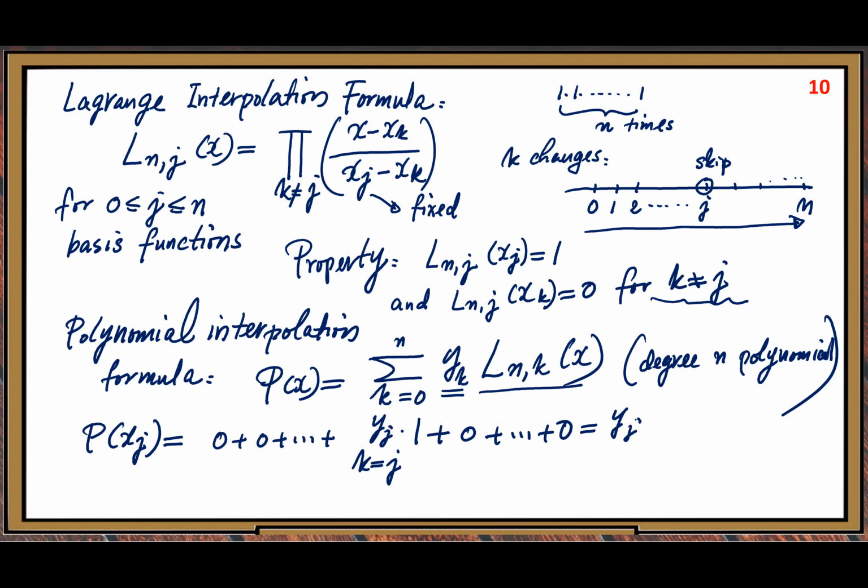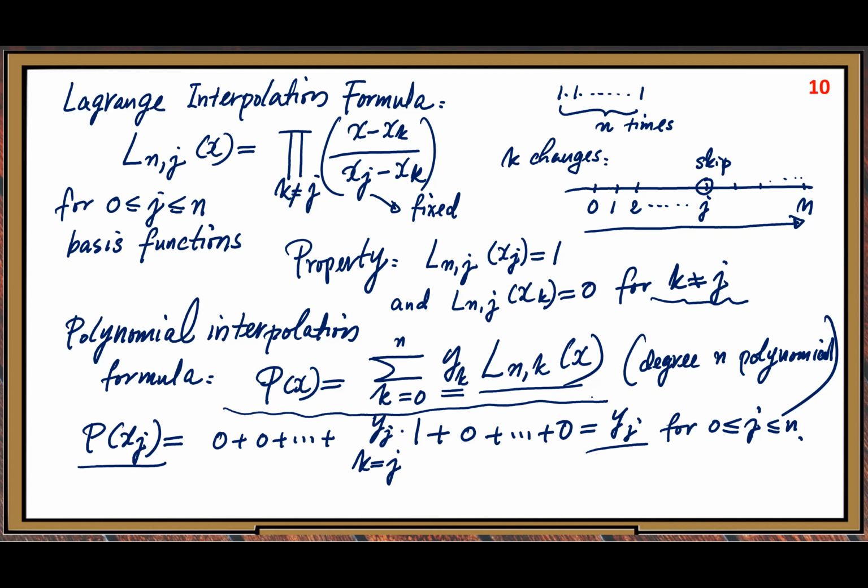That's our interpolation condition, p of xj equals yj, and this is true for all j between 0 and n. So this formula gives us the polynomial interpolation condition.